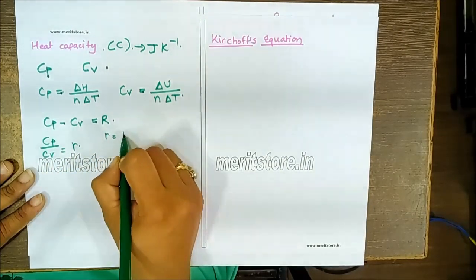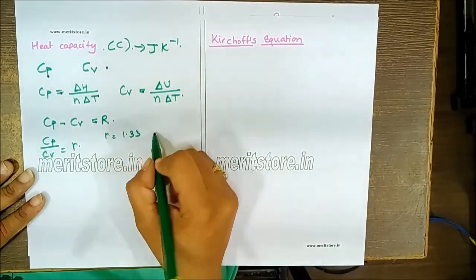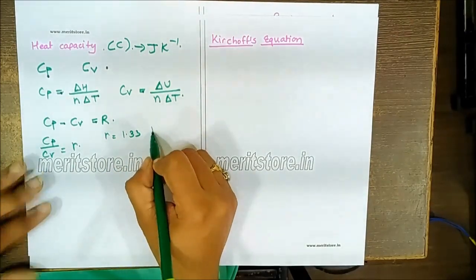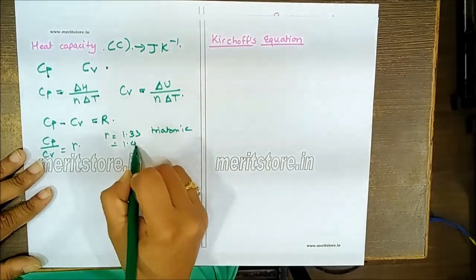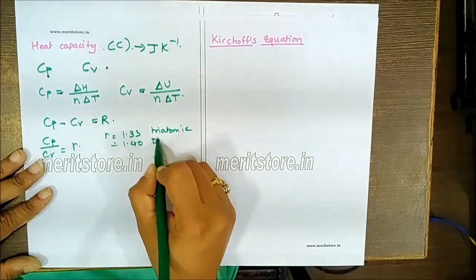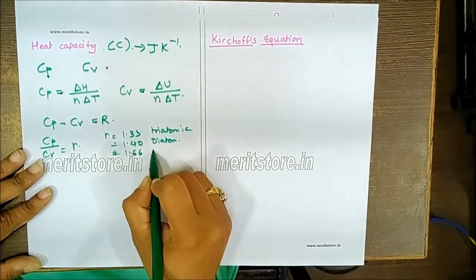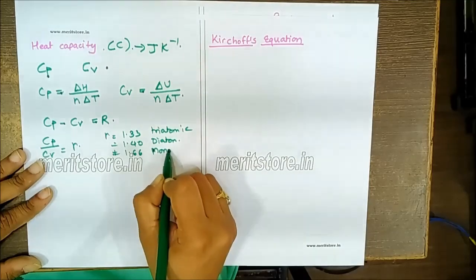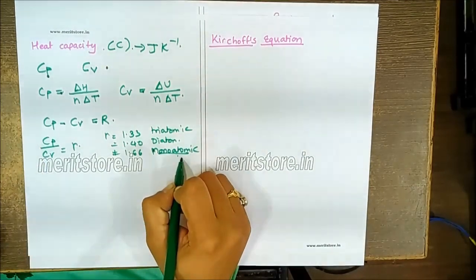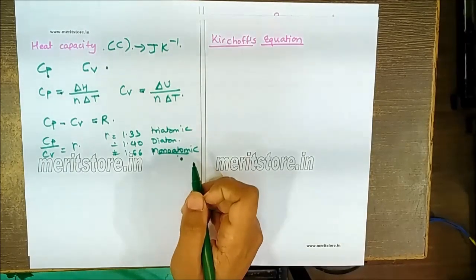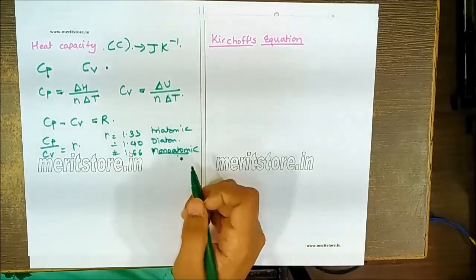If gamma equals 1.33, this is a particular value we have to remember, the molecule will be triatomic. If it is 1.40, the molecule will be diatomic, and 1.66 for the molecule to be monoatomic. So these are the values to be remembered while determining whether the substance is monoatomic, diatomic, or triatomic in nature.